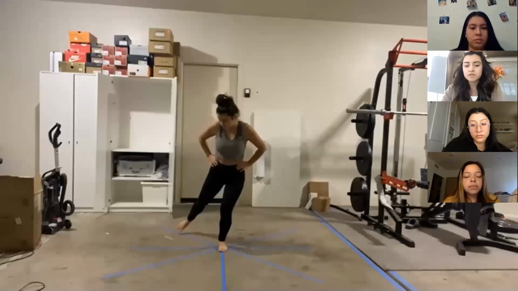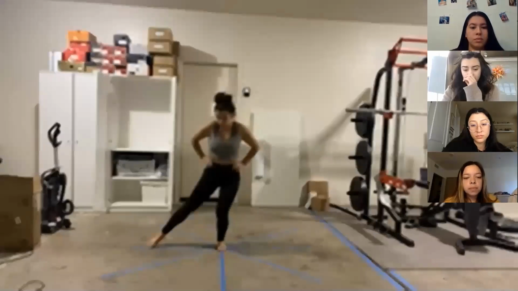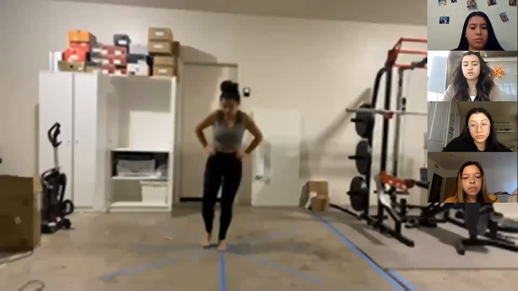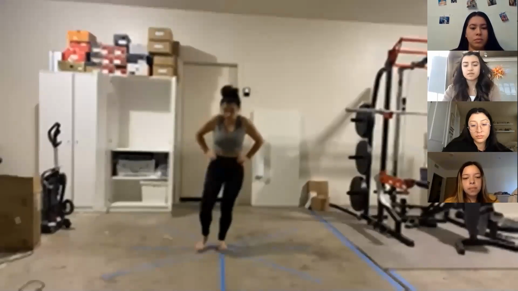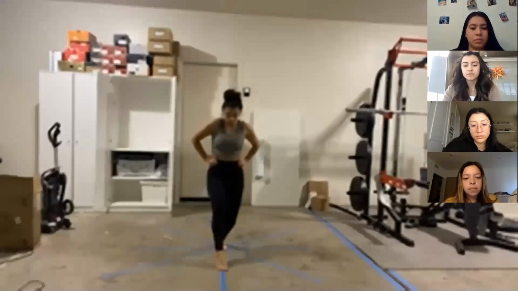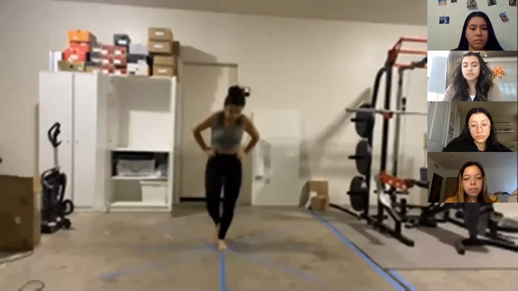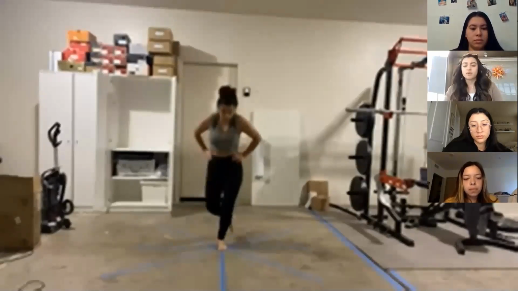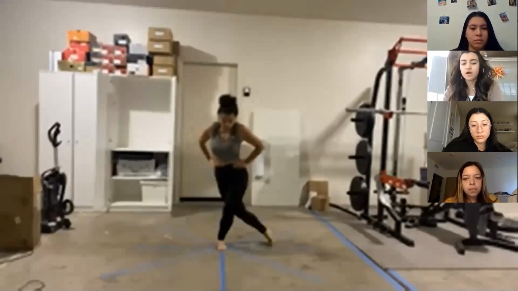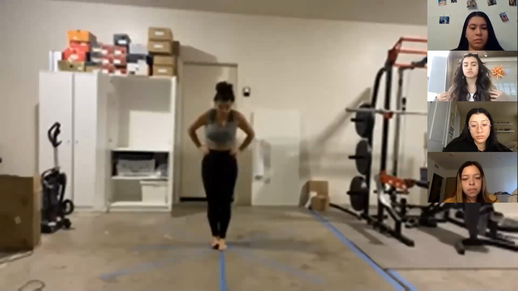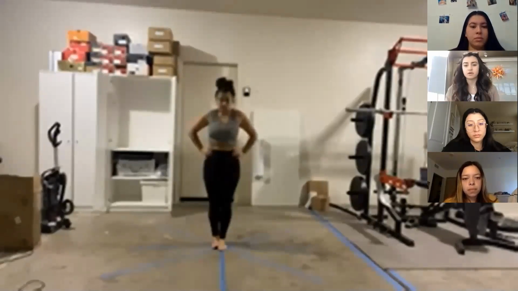So as you see in the video, there's a little bit of knee valgus in the left leg as I'm squatting down. This is a compensation. As it continues, you will see also in the right leg that there is also some knee valgus with my shoulders forward and leaning forward as another compensation.